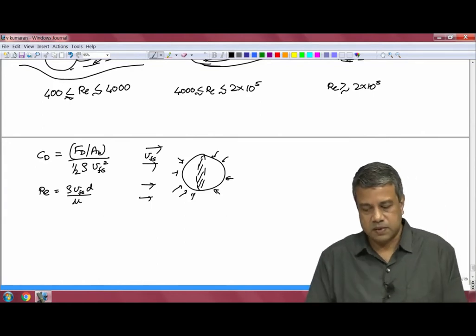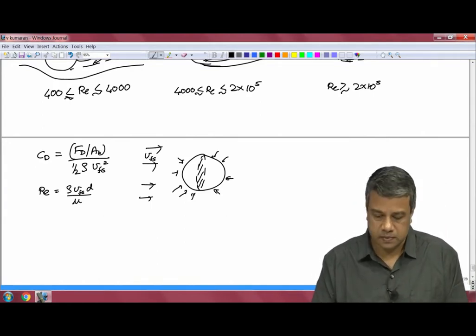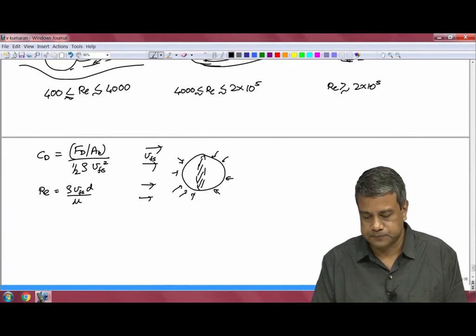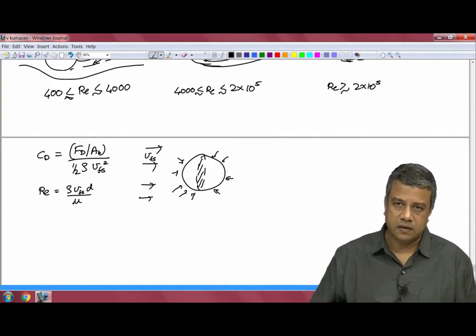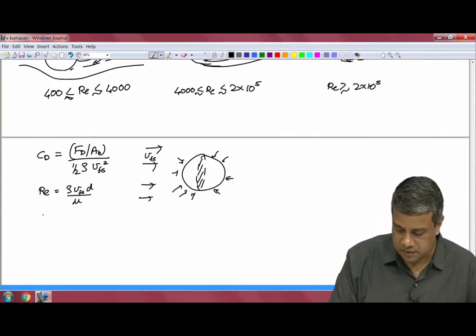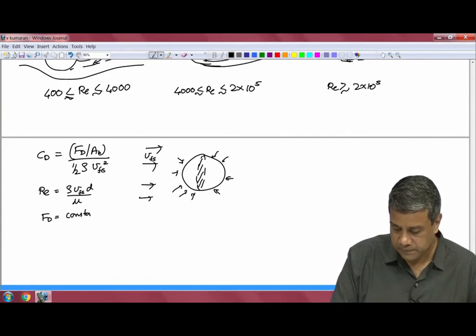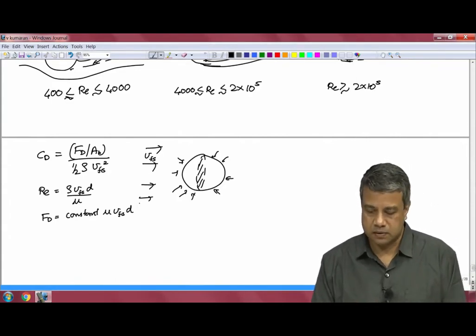So, when the Reynolds number is small, inertial effects are much smaller than viscous effects. And just from dimensional analysis, if you recall the very first problem that we solved, we know that F_d is equal to a constant times mu V_fs d at low Reynolds number.